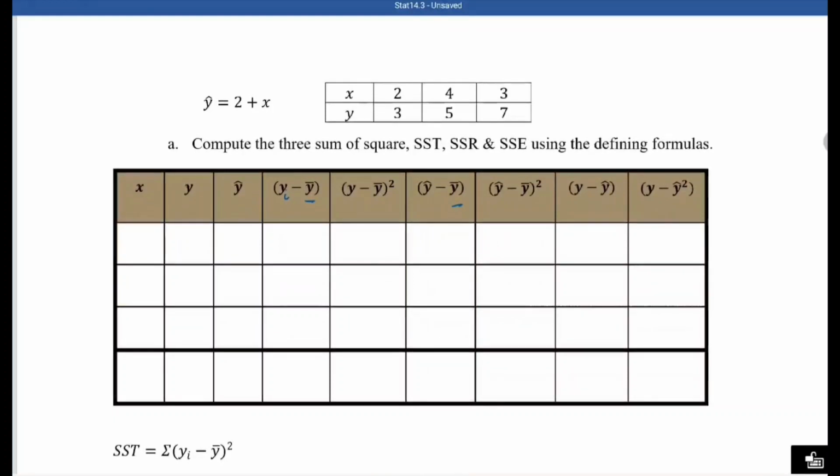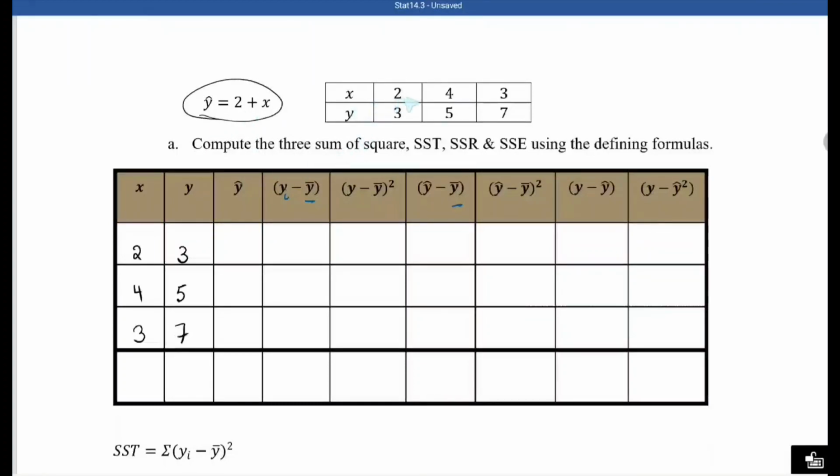So let's start here. In the first two columns, we begin by writing whatever x and y values are given to us. For the x values, it's 2, 4, and 3. For the corresponding y values, 2 and 3, and then 5, and then 7. The y hat values come from this equation.